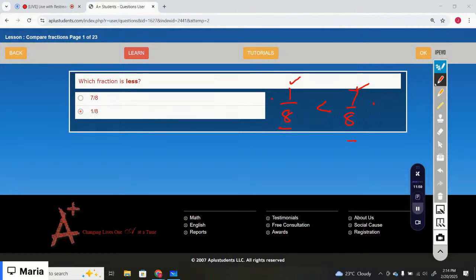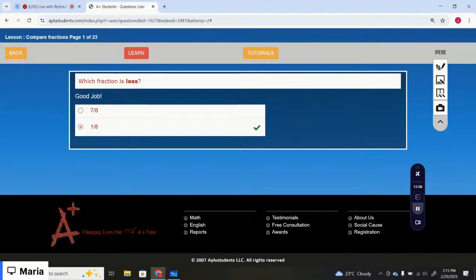So that is option number 2. The correct option is 1 over 8.